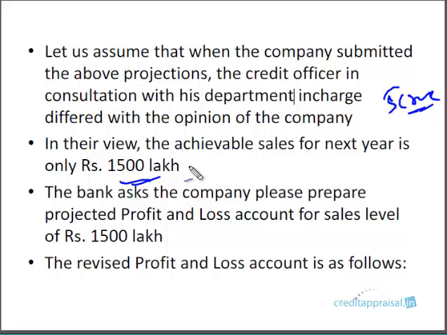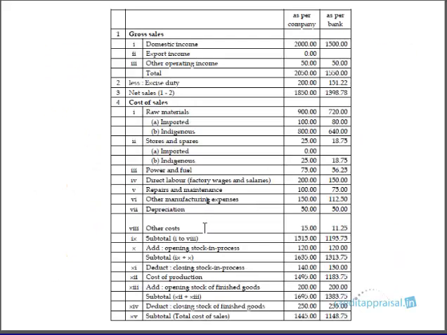So you ask the company to revise the projections and prepare a fresh set, a revised P&L account and a revised balance sheet based on this 15 crores turnover. Earlier the company said we are going to achieve 20 crores, but now it is only 15 crores. So this is the first set of projections the company has submitted.